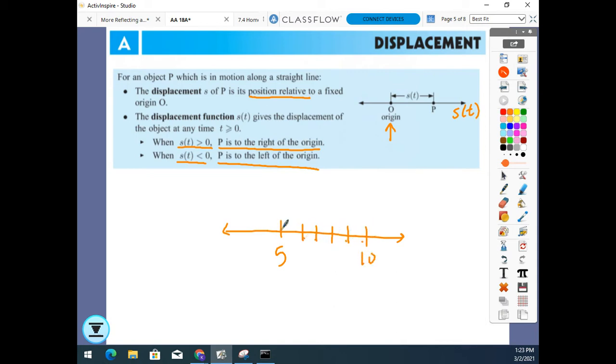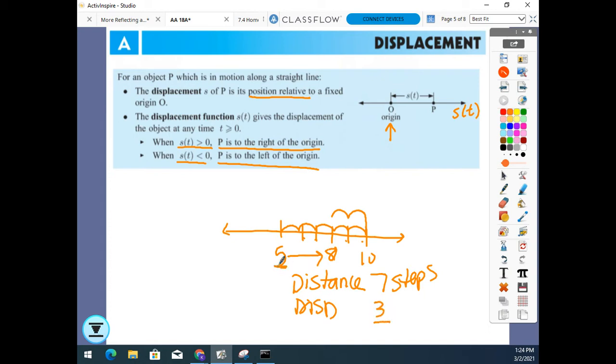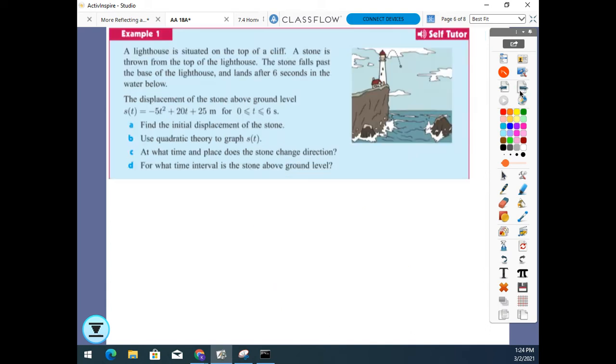If I take 5 steps to the right and then 2 steps back, I traveled a distance of 7 steps, but my displacement is 3. I am 3 from where I started, but I traveled a distance of 7 steps. So we have to be careful when we talk about distance and displacement.